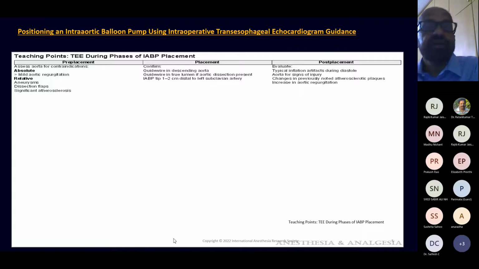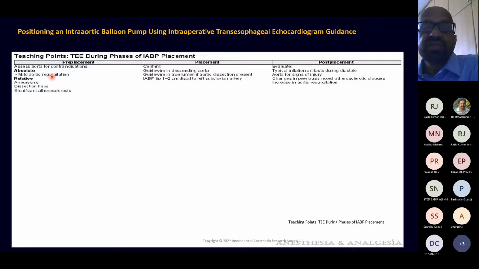So in IABP, the absolute contraindication is the presence of aortic regurgitation, and the relative contraindications are aneurysms, dissections, and significant atherosclerosis.